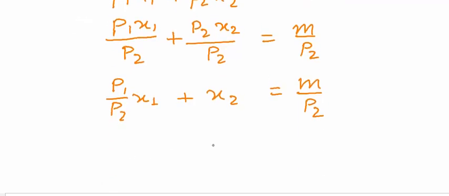From here we can find that X2 is equal to M by P2 minus P1 by P2 X1.